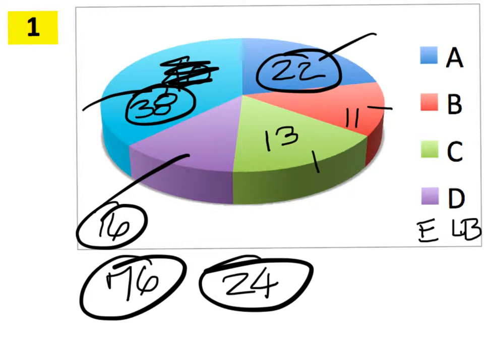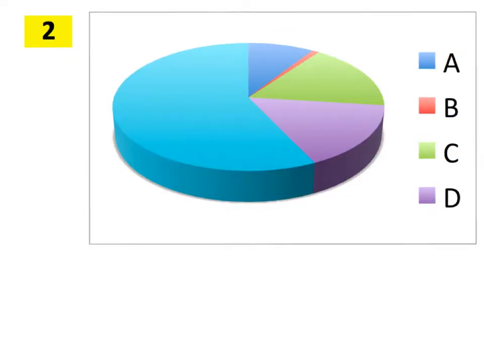And if we add them all up, we should get what? 100. And divide by 5 to get 20. The average for every pie chart that has 5 sections is going to be 20 because the sum is 100 in this case. And if you have 5 sections, it's just going to be 20.